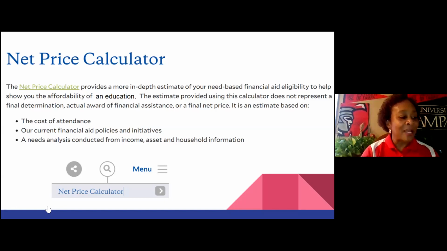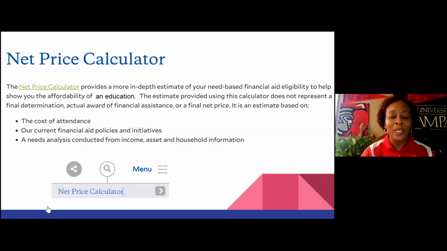The net price calculator is a smart tool to find both the cost of attendance and the estimated financial aid package for each individual student. It can be found, like I said earlier, on every college or university's financial aid website. The net price calculator can help prospective students get a better handle on what they will be expected to pay.